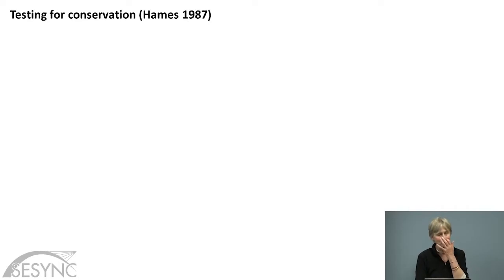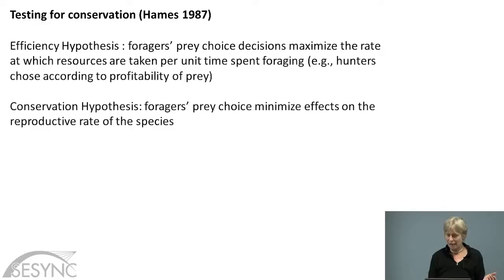So Ray Hames, who appeared in Eduardo's lecture in the methodology book, had this nice idea of testing for conservation by pitting the predictions of a hypothesis for conservation behavior against hypotheses for efficiency behavior.